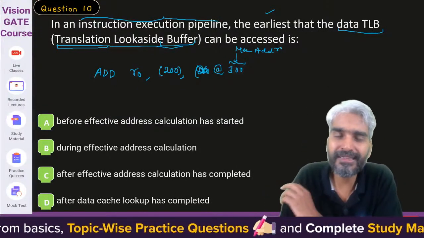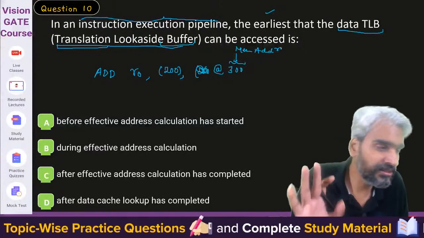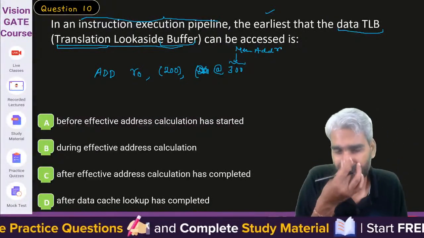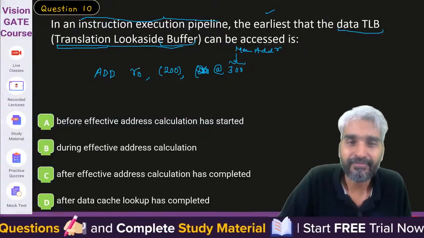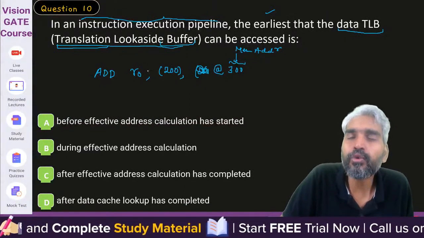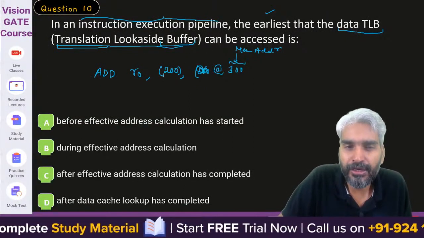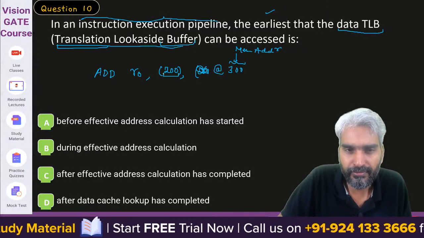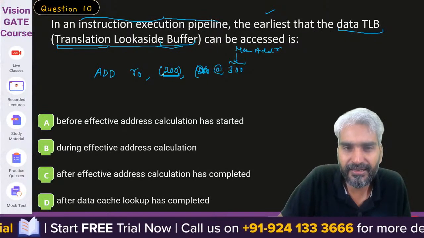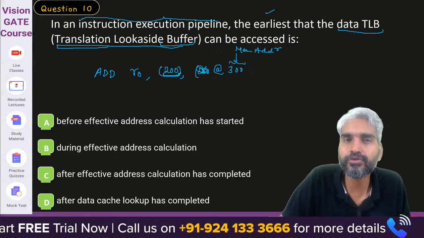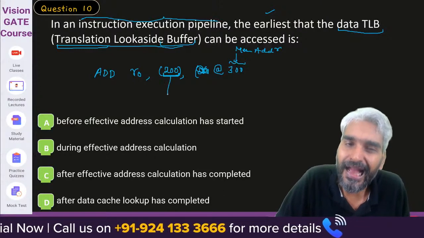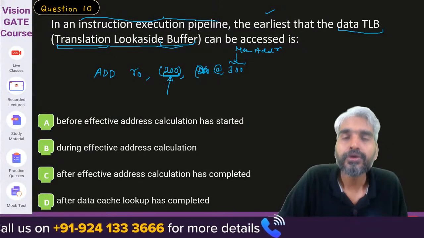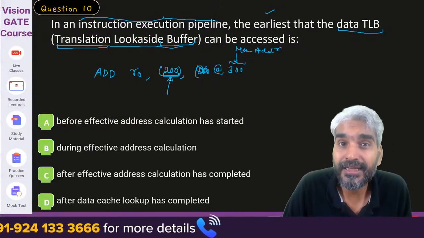You all know that these addresses are logical addresses. So the idea is that we will try to get the physical address corresponding to this logical address 200. We will fetch the physical address based on this logical address 200 only when we have this logical address 200.